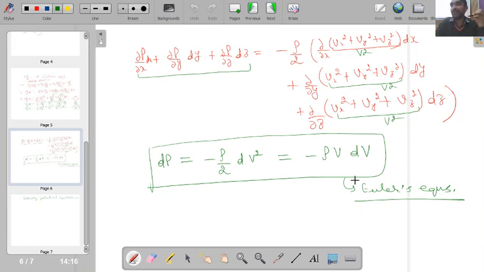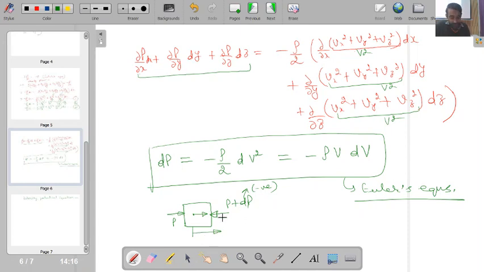So the point is, if you take any fluid element, and if the pressure over here is P, and here the pressure is P plus dP, and dP is negative, in that case net force will be acting on the fluid element in the rightward direction, and the fluid element will be accelerating in this particular direction.